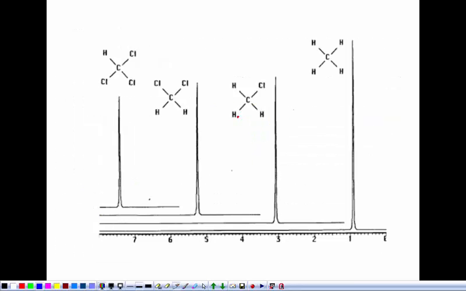If I go back here, let's say here's my chemical shift. Here's my spectrum. So 0 is where the TMS peak would show up. And then let's just say, for the sake of argument, that I've got a peak that's 300 hertz away from 0 on a 300 megahertz instrument. Well, that peak would show up at 1 part per million.